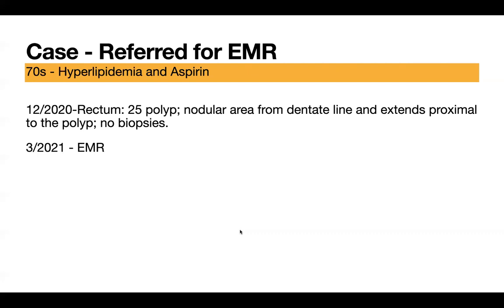The referring endoscopist did not do biopsies. I'm glad that he did not do biopsies. And then he asked us for help in terms of trying to remove this polyp. And the polyp was located on hemorrhoids. We saw this gentleman in the clinic, and then we set him up for a resection.